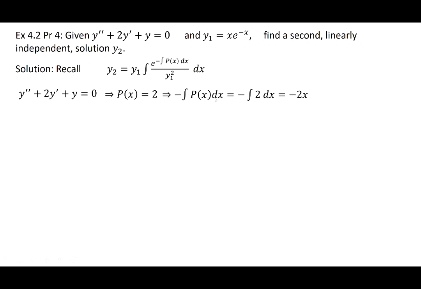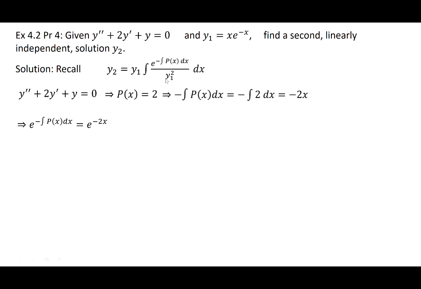I could have done the integral of p of x and then stuck in the negative later. But the negative integral of p of x is negative 2x. And what is e raised to negative integral of p of x dx? In this case, e raised to negative 2x. Cool.